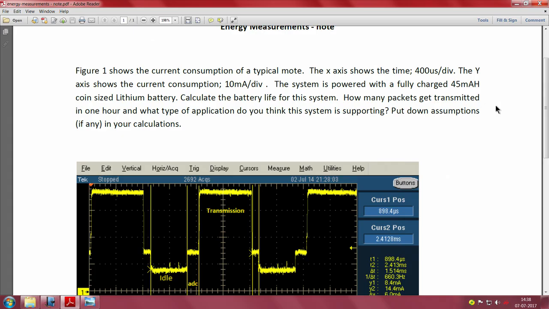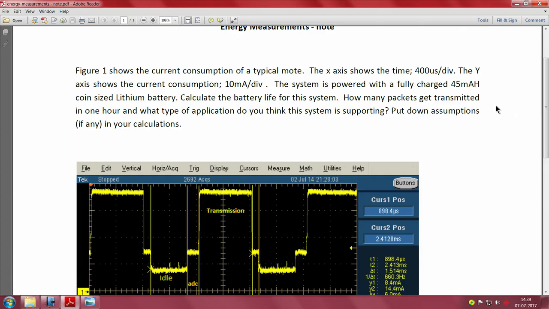Take ML2020 from Panasonic, open the data sheet, find out its nominal capacity, find out its actual capacity, find out its self discharge, and calculate the battery life, and also find out how many packets can get transmitted in 1 hour given this kind of transmissions that seem to be happening.